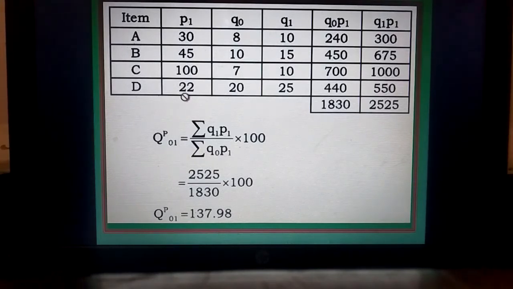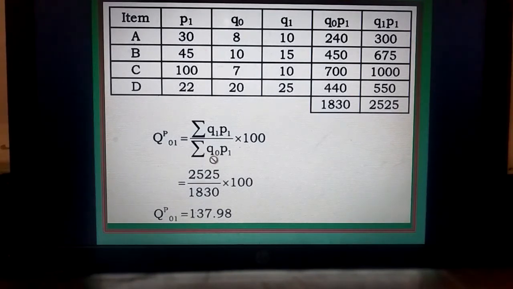In a similar way, 22 multiplied by 25 is 550. So the sum of these will become 2525. That can be substituted in the numerator.